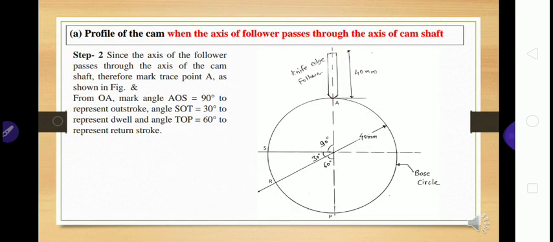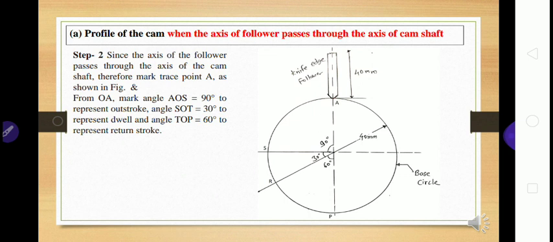Secondly, you have to draw the knife edge follower having the axis exactly passing through the axis of the camshaft, and mark this point as A, which is called the trace point. From this trace point, plot all the angles of the forward stroke, outstroke, dwell and return stroke.